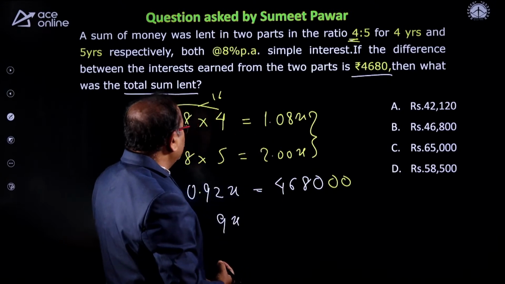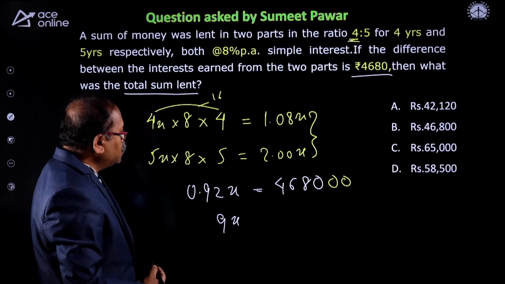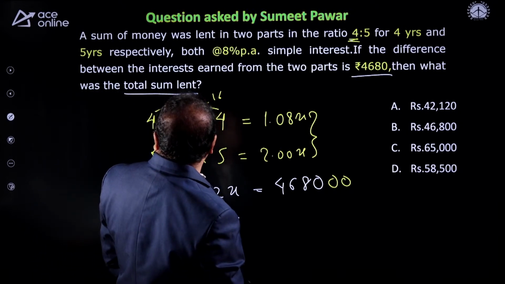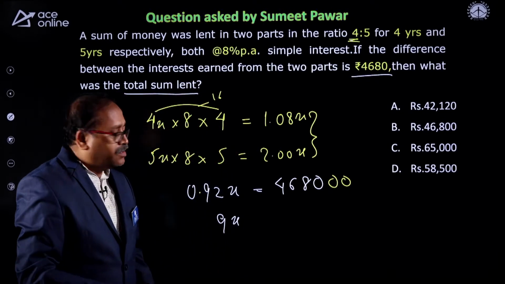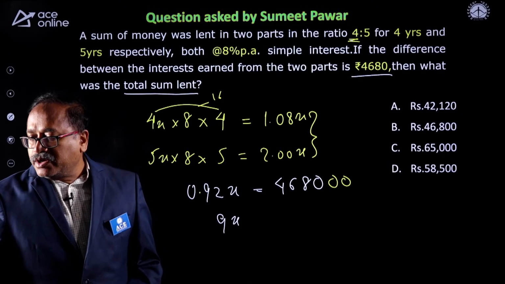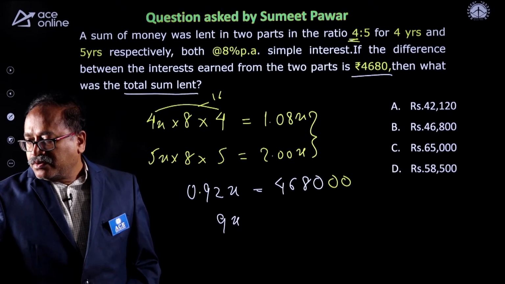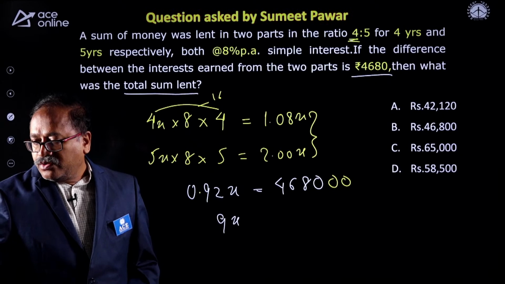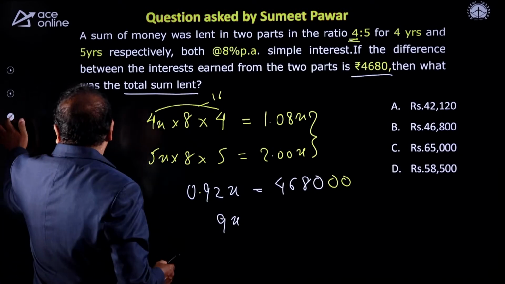So this difference is 0.92x, and the 0.92x is equal to how much? That is 4,600. Then it should be correct. Where are we going wrong? Did I make any mistake in writing the question? Did I? No.